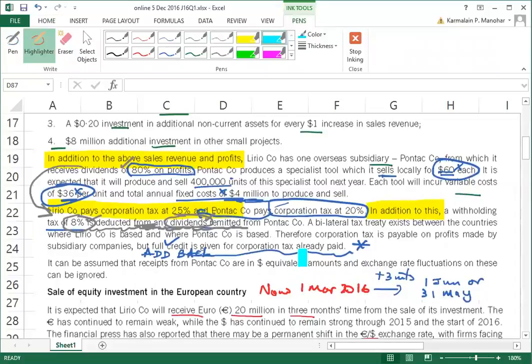Only for the corporation tax paid, not for the withholding tax. Good. So the 8%, no credit for that. The only credit we're getting is additional tax.